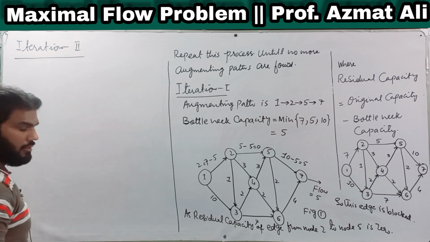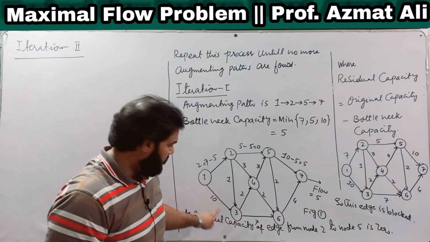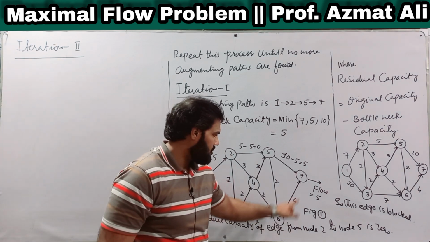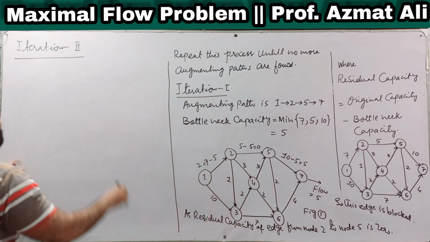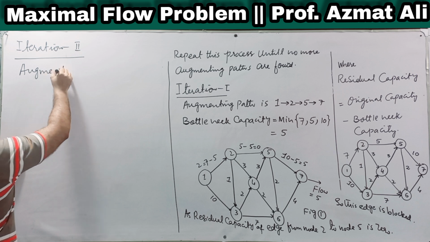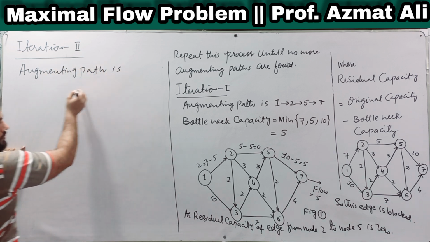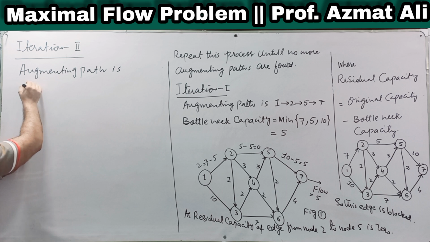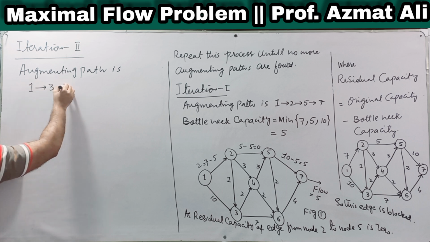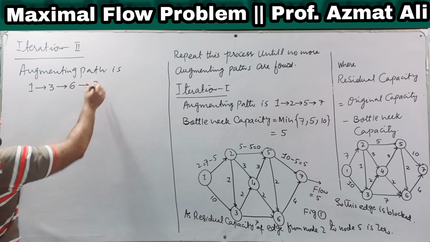Suppose this time I choose node 1 to node 3, node 3 to node 6, and node 6 to node 7 as the augmenting path.